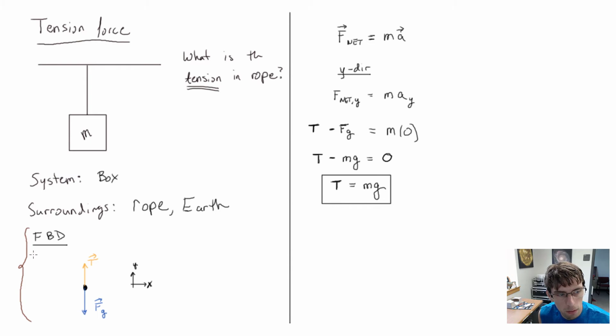From the free body diagram onwards, for the rest of the problem, the box sitting on the table and the box hanging on the rope are exactly the same in terms of your approach. In fact, the free body diagram's the same, and our process of finding the answer is exactly the same. And the answer was the same, right? The last time we had the normal force is equal to the gravitational force acting on the box.